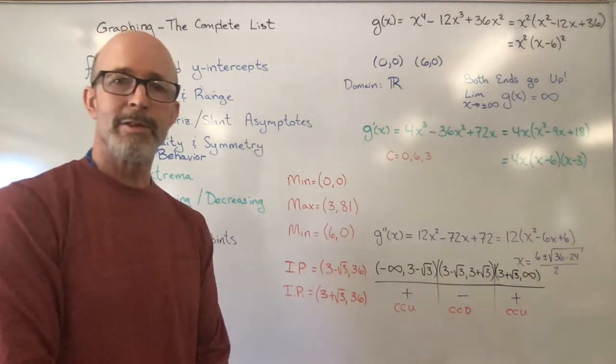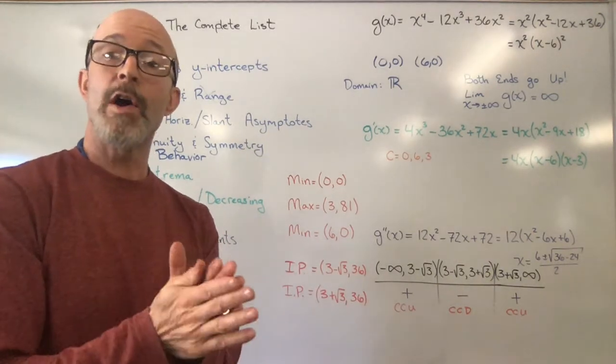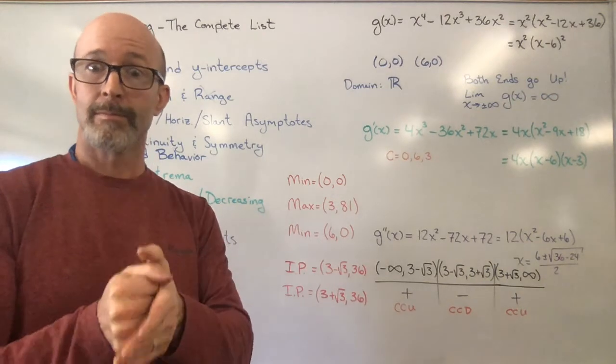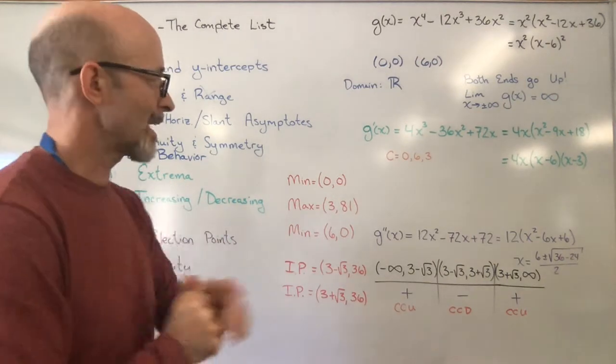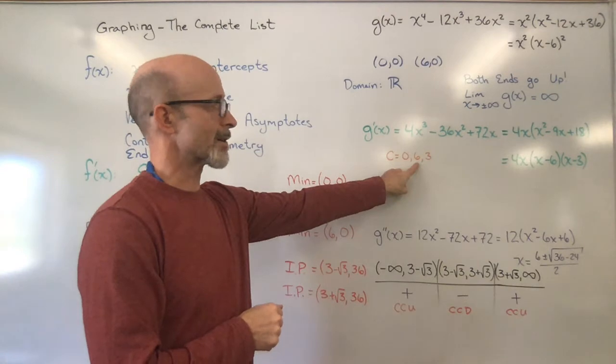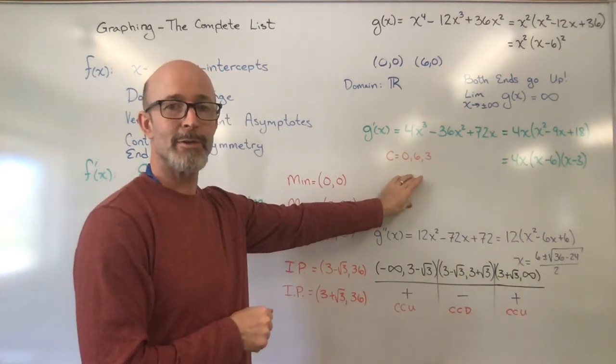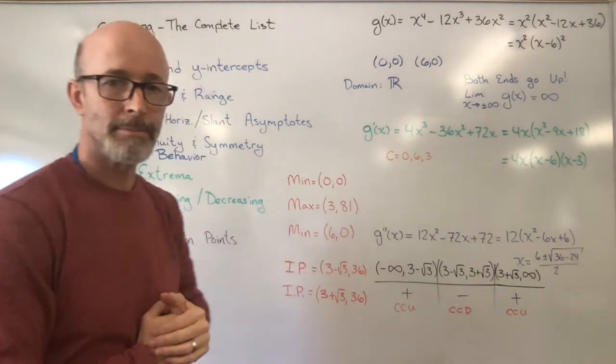If you wanted to do this the most efficient way, and you know that you're going to use the first and the second derivative, you can find out where it's increasing and decreasing, where there's maximums and minimums without ever making a sign chart for the first derivative. Here's how.